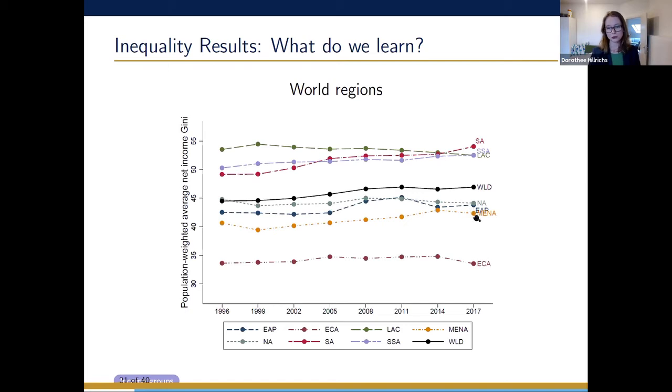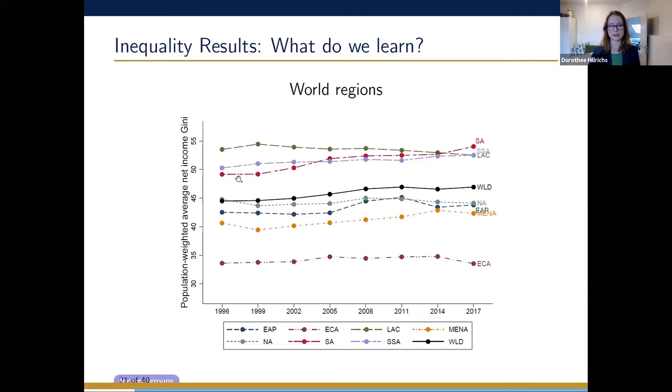And we have this middle group of North America, East Asia Pacific, and the MENA region, which really saw an increase in inequality also prior to the Arab Spring in 2010. This was a trend that was not observed in the standard data sources, because there was just no consistent and persistent data available.